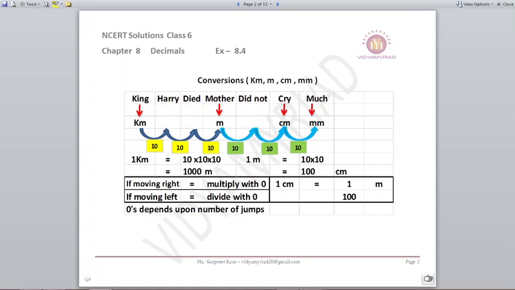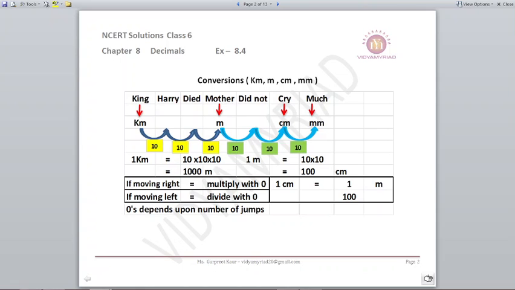For example, if I want to convert kilometers into meters, how many jumps are there? If you see, there are 3 jumps. 3 jumps means 10 multiplied by 10 multiplied by 10, which means 3 zeros, that is 1000 meters.